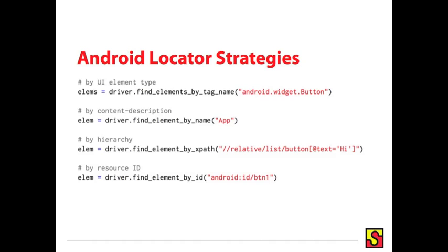So this would enable us to find a specific button on the screen, even if there were multiple buttons with the same text, or even if there were multiple buttons underneath that list view that had different text. So XPath is a powerful yet often brittle way of finding elements. We can also find elements in API levels 18 and up by their resource ID. So you can just say find element by ID and then enter the Android ID that you're interested in finding.